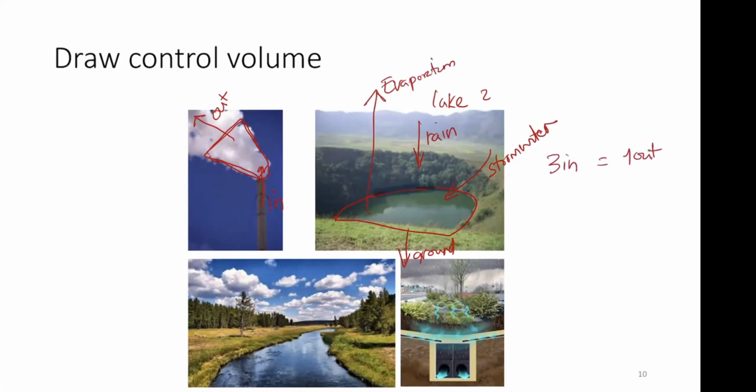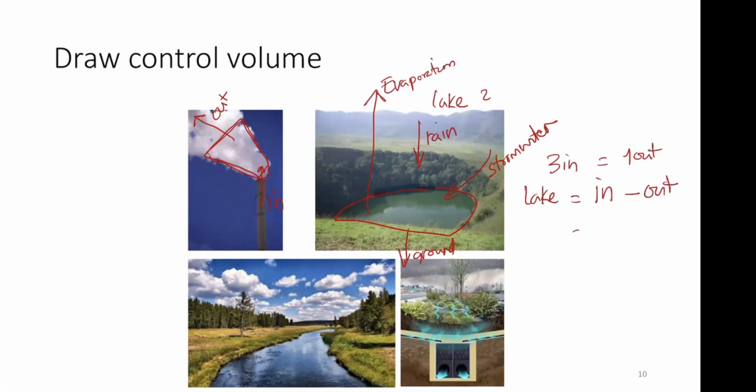So if I ask what is the total amount of water in the system, the lake water or lake volume would be whatever is coming in minus whatever is going out. The remaining amount will be the lake water.